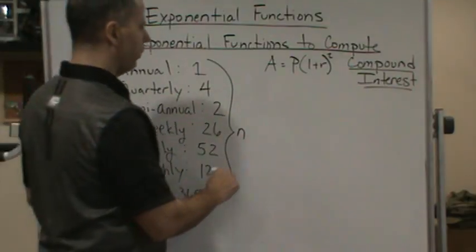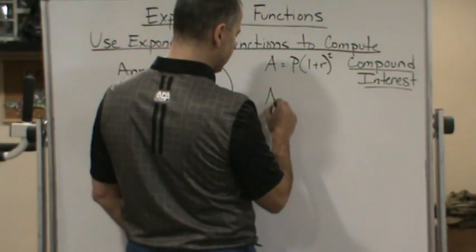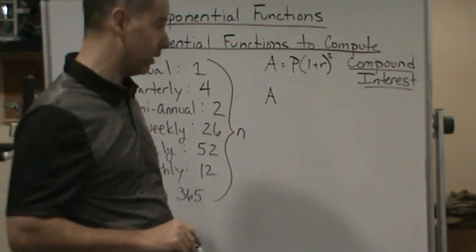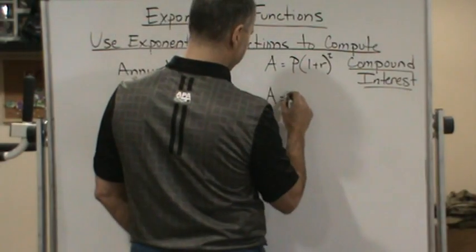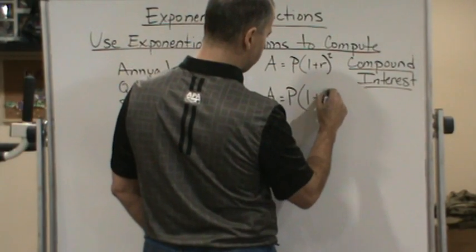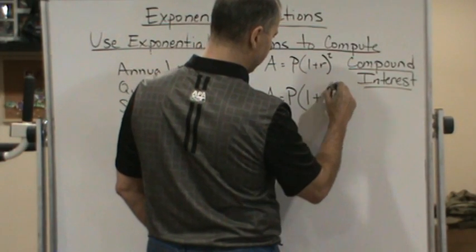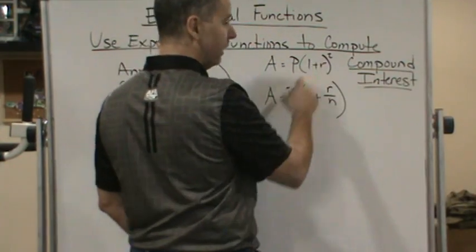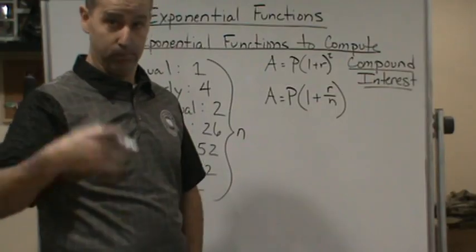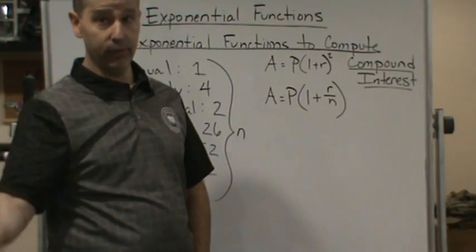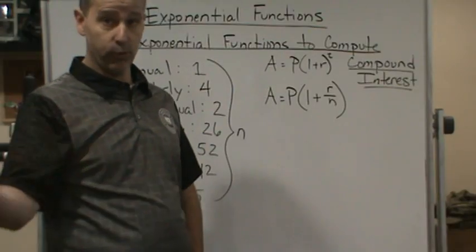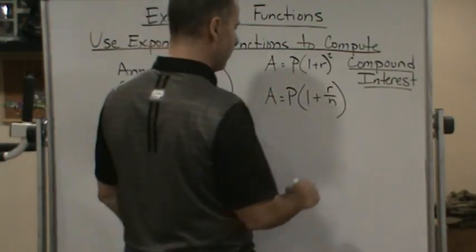Now, this is what we call the number of compounds per year, and we represent that as N. Remember what I said: we're going to take the annual interest rate and divide by the number of compounds per year. So we're going to change that to 1 plus R divided by N. And then of course T, we're going to have to change so that it represents the number of months or weeks or days over the time period we're interested in.